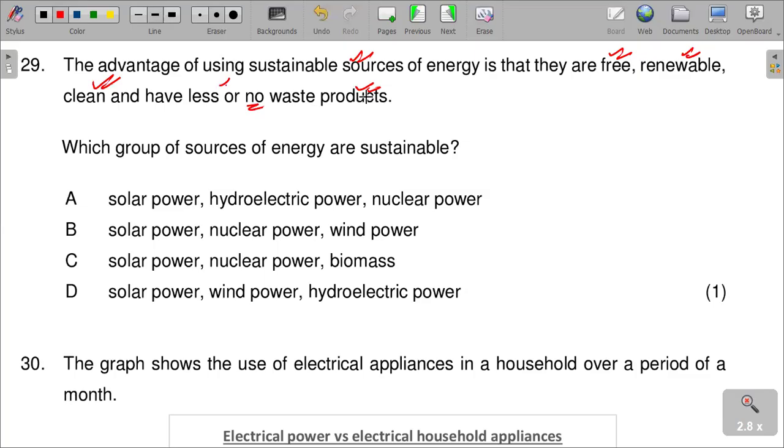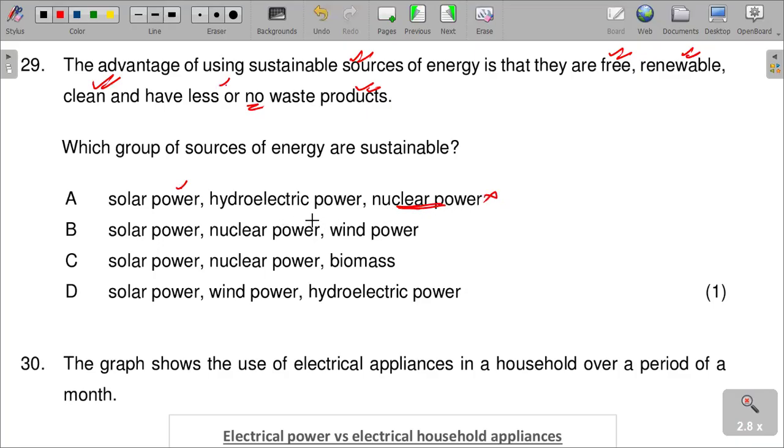Solar power is always correct, but here it loses it when they talk about nuclear power. Nuclear power does not fit there.